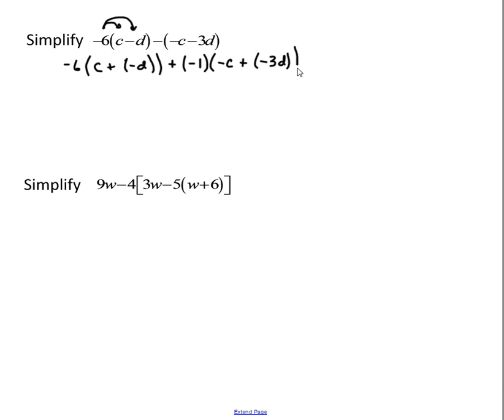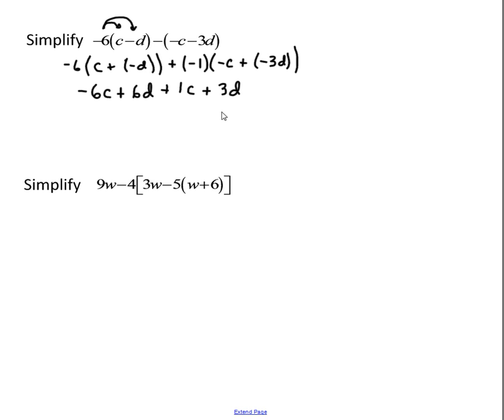So the subtraction is the same as the addition of a negative. We're going to distribute negative 6 into both terms, so we get negative 6c. Negative 6 times negative d becomes plus 6d. Next, we're going to add negative 1 times negative c. That becomes positive 1c. And negative 1 times negative 3d becomes plus 3d.